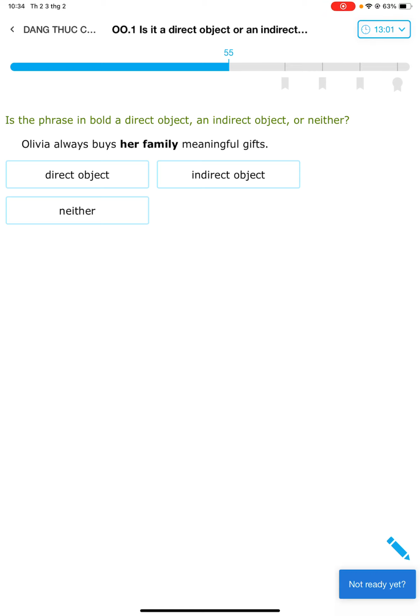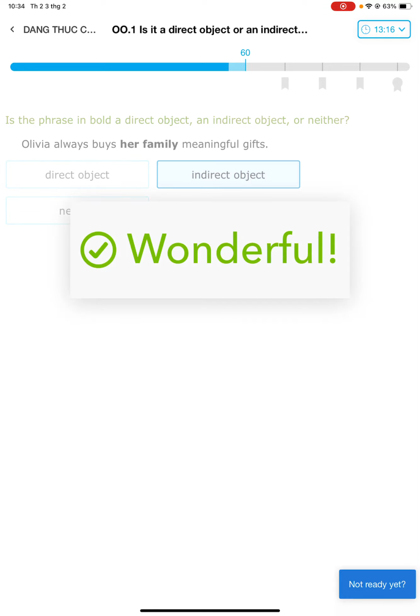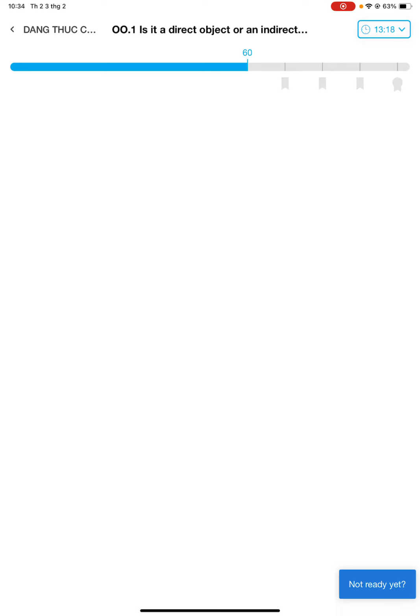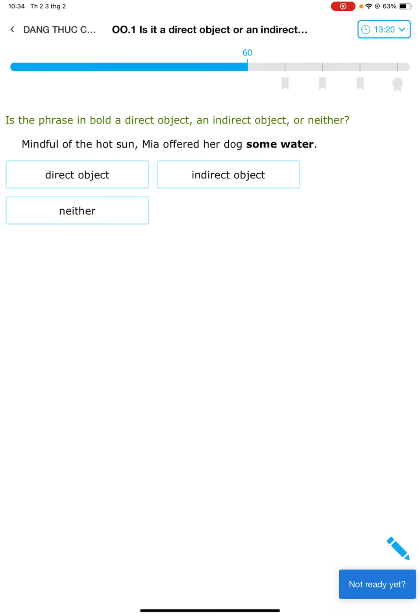Buys is the verb, and her family stands between the verb and the direct object, so her family would be an indirect object, because the indirect object is what is receiving the direct object.